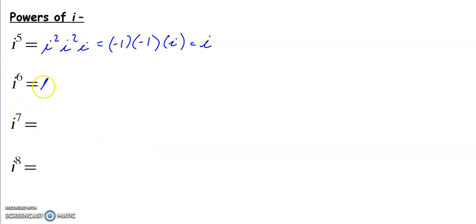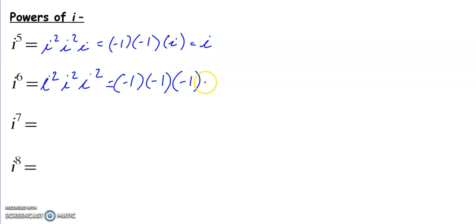i to the 6th could be i squared times i squared times i squared. Another way, 2 plus 2 plus 2, that's 6. Well, that would be -1 times -1 times -1. A negative times itself an odd number of times is always a negative. i to the 7th is going to be i squared, i squared, i squared, there's my i to the 6th, times i.